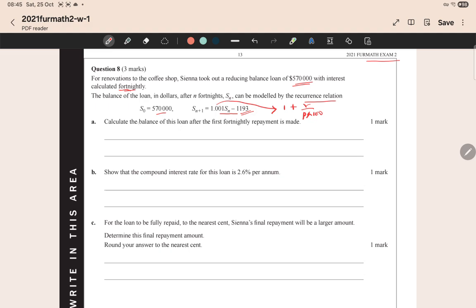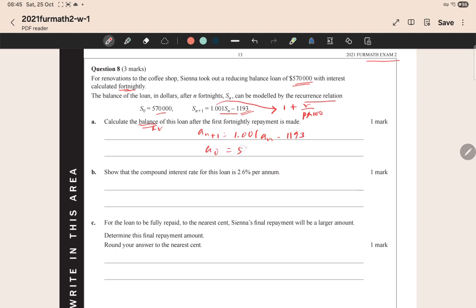Calculate the balance of this loan, which is basically the future value, after the first fortnightly repayment is made. Because the recurrence relation is given, we can use the sequence tab. On the CAS, we can put in a(n+1) equals 1.001 a(n) minus 1193, which is the rule given.